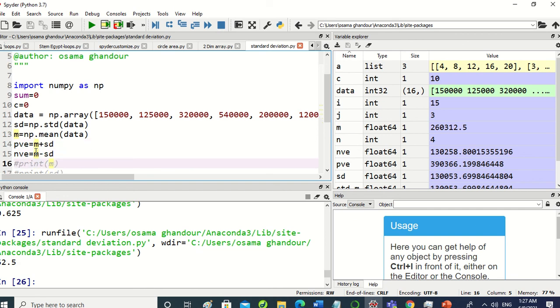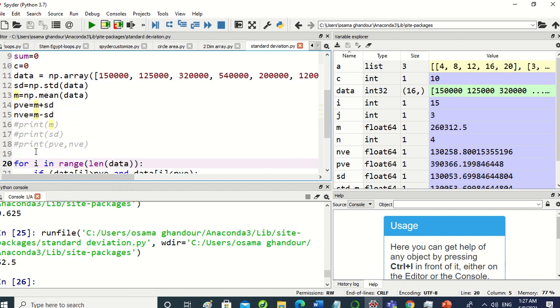Okay, and then we need to collect the house prices which are included in this range, which is the one standard deviation.